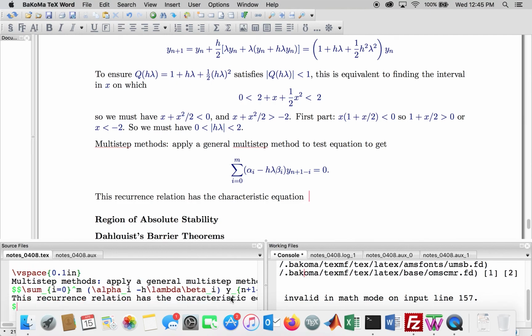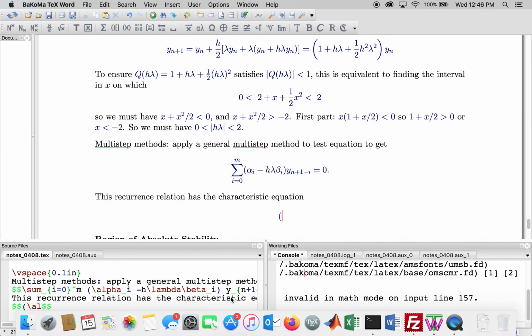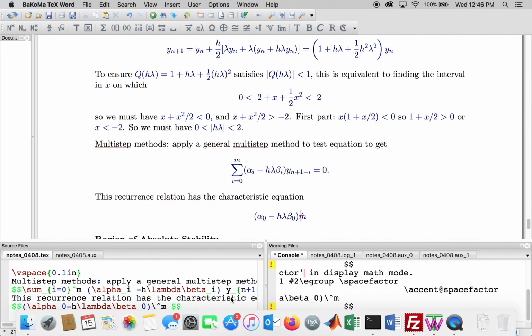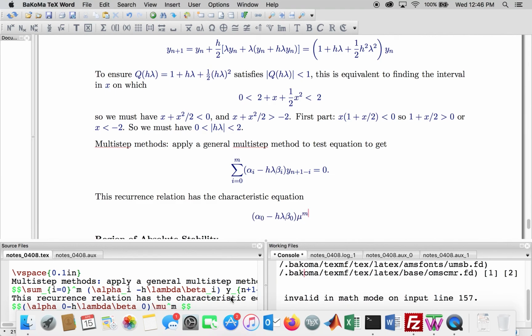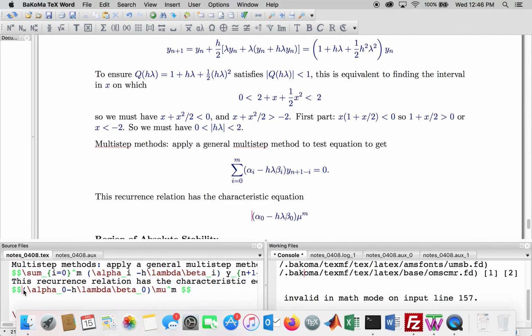Okay, so we have alpha 0 minus h lambda beta 0, mu to the m. Actually, I used lambda before. I need to use a different symbol now. So mu. And I'm going to call this entire polynomial q of mu with parameter h lambda.